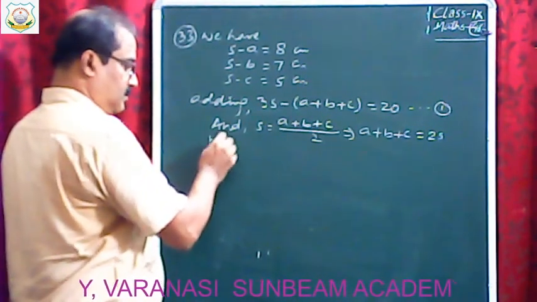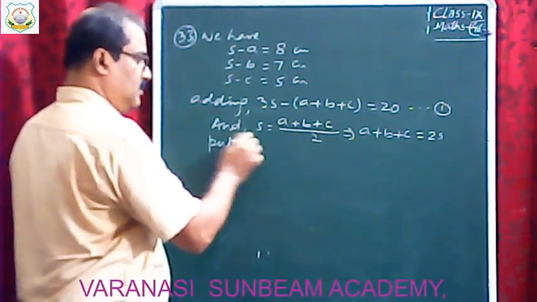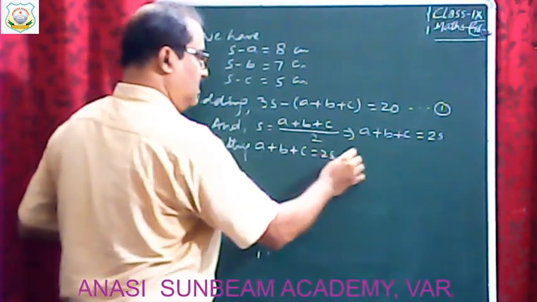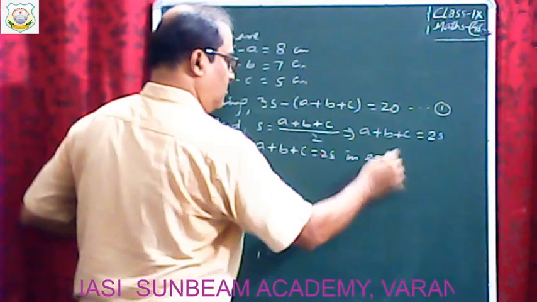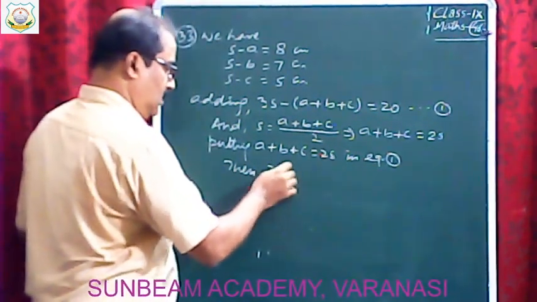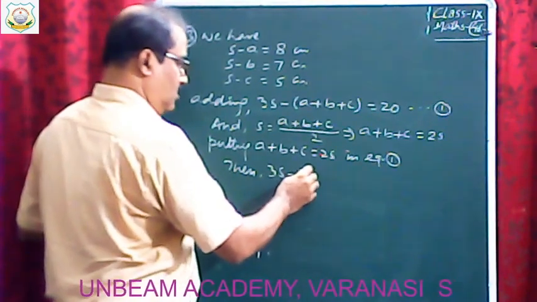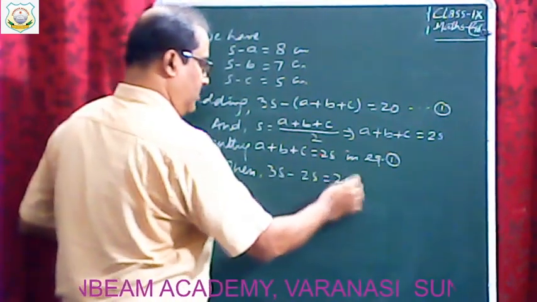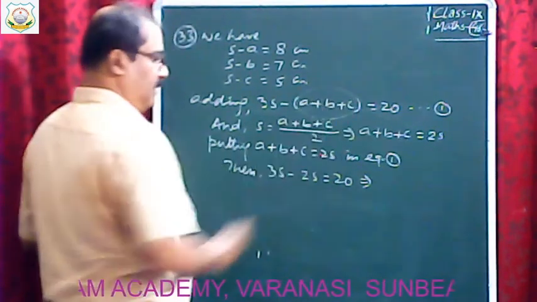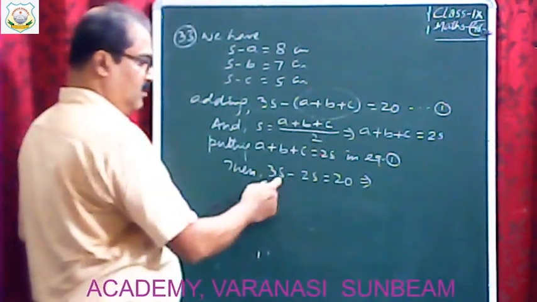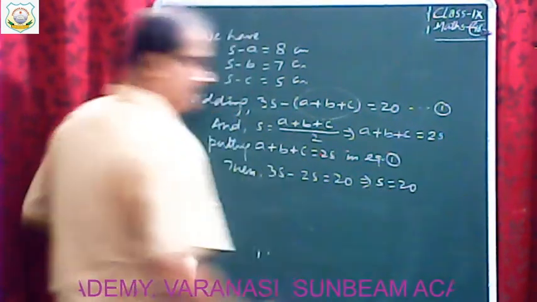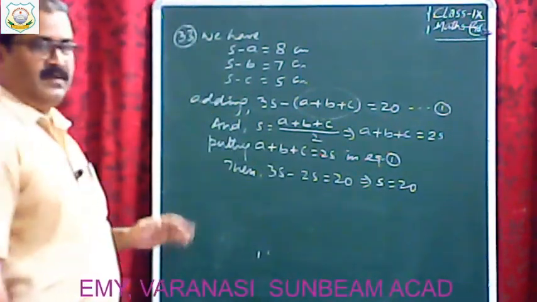Putting A plus B plus C equal to 2S in equation first, then 3S minus 2S equal to 20. So 3S minus 2S equal to S equal to 20. So in this way you have to find the value of S.